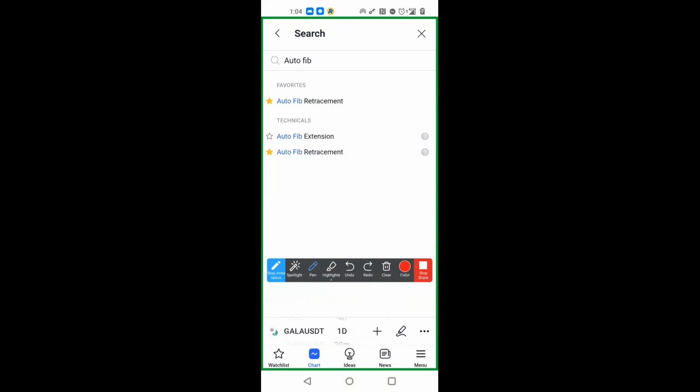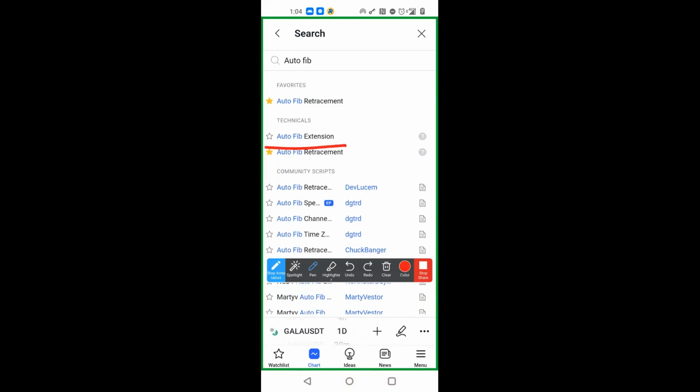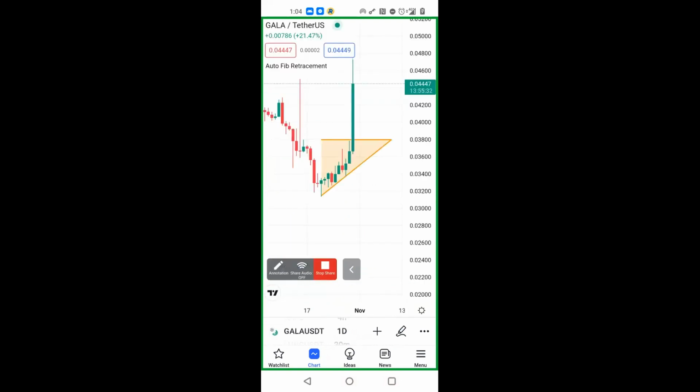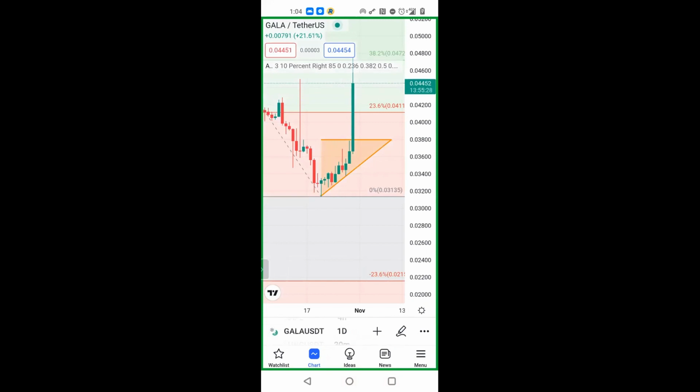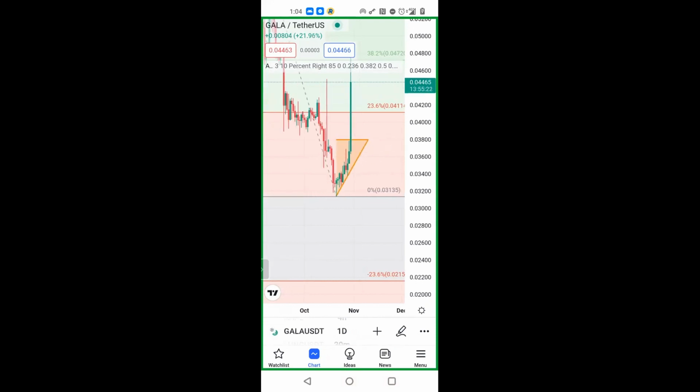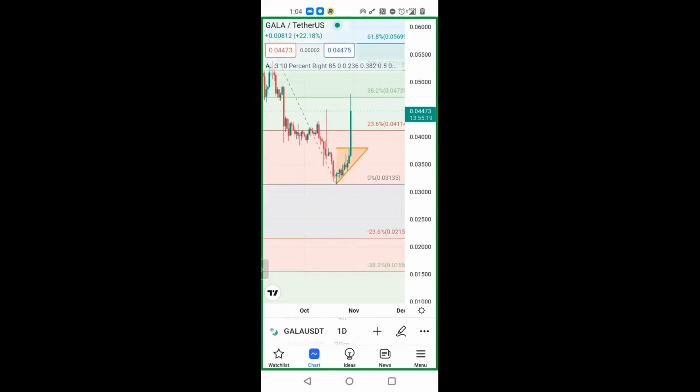There is auto fib extension and there is auto fib retracement. So we are going to look at the auto Fibonacci retracement indicator. And we are going to tap on it once. And it's going to get into our screen. So if you tap on it more than one time, then it will get into your screen more than one time. So tap once. All right.